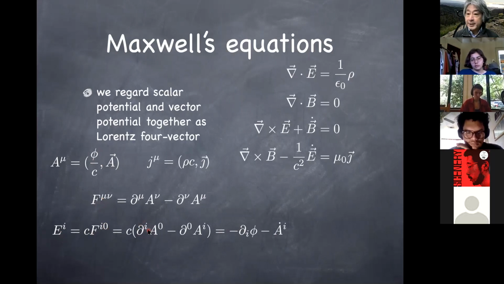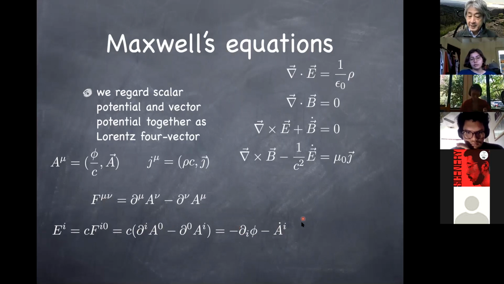But I told you that the spatial derivative is downstairs. And that's why by converting the upstairs to downstairs, I get a minus sign. And that's how I get negative gradient φ minus vector potential A dot. So that's a notation we used before, but the origin of this minus sign is because of the change from upper index to lower index. So that's something you have to keep paying attention to.